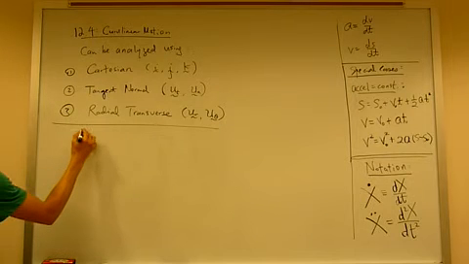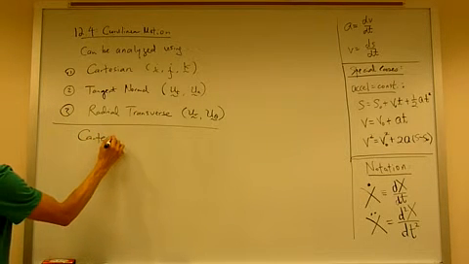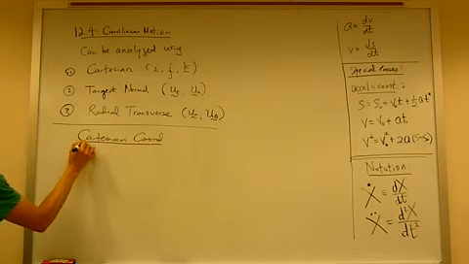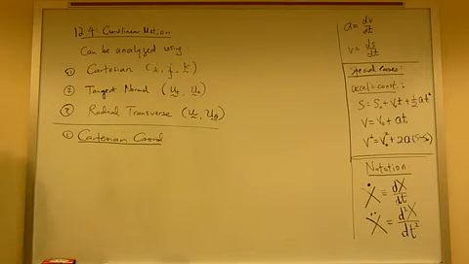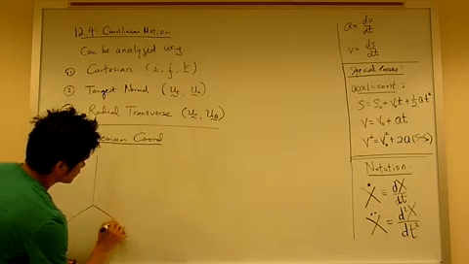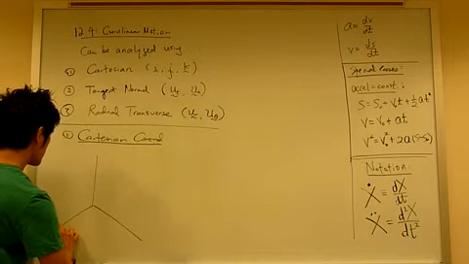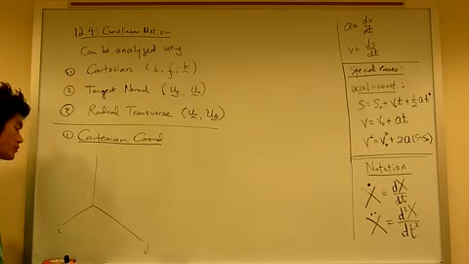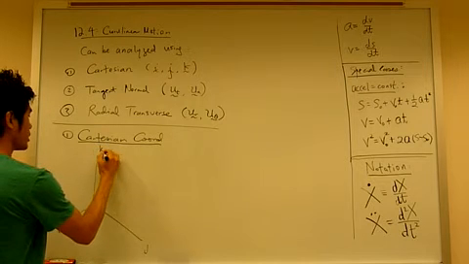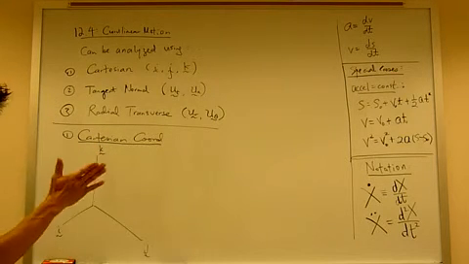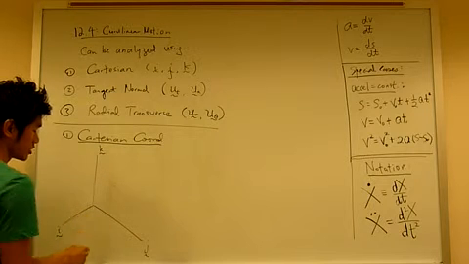Let's first talk about the Cartesian coordinate system. Using the Cartesian coordinate system to analyze curvilinear motion, we can define x, y, and z, or i, j, and k this way, and use the right-hand rule to define the direction of i, j, and k.